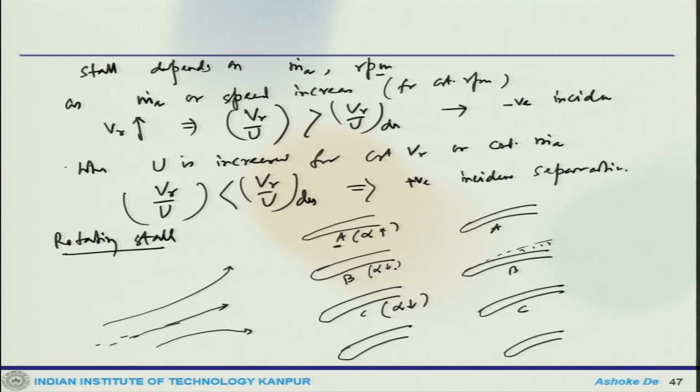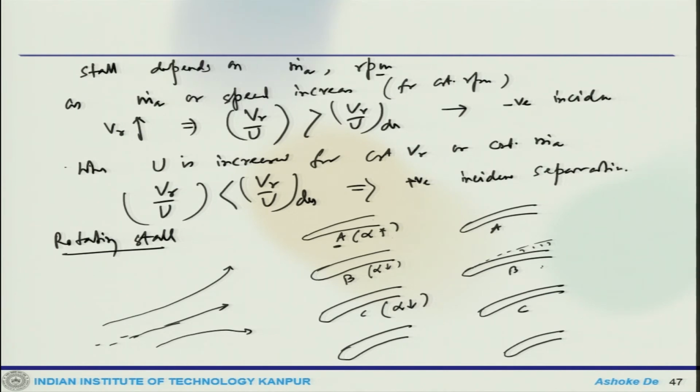So, now the stall keeps on moving, from A it will move to B, from B it will move to C. So, the stall moves from one blade passage to another blade passage to another, because of the rotation it goes on shifting, and multiple passages can go on stalling simultaneously.